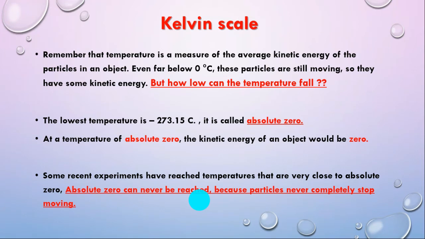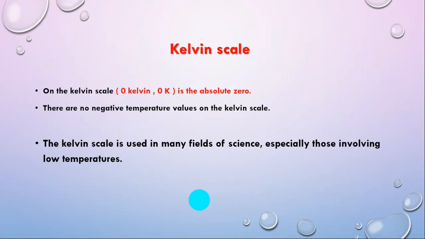They just did experiments to reach a temperature close to absolute zero, because it's not easy at all for particles to stop moving without any motion. I hope that it's clear, girls. Try to focus and understand what I'm talking about.